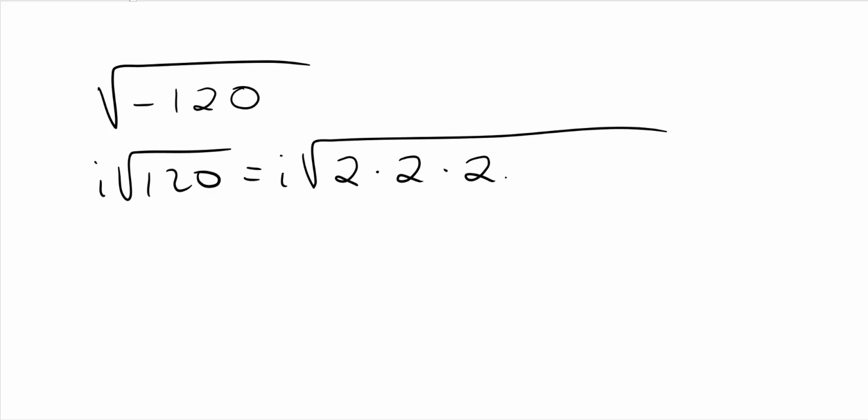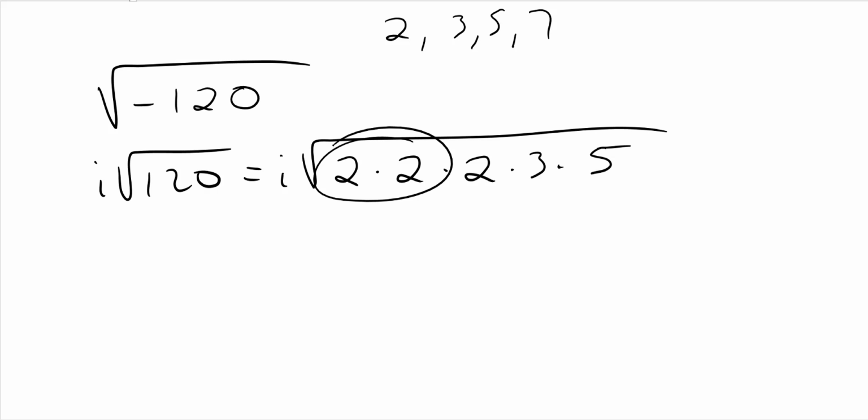Okay, I can't divide 15 by 2 anymore. So now I move up to 3. So 2, 3, 5, and 7. And 15 divided by 3 is 5. So there we go. That's 120 broken up into as much as you can. And I only have one pair of 2s, nothing else. So it's 2i root, that's 6 times 5, 2i root 30. And there you go. There's your answer. Okay? So that's pretty easy.